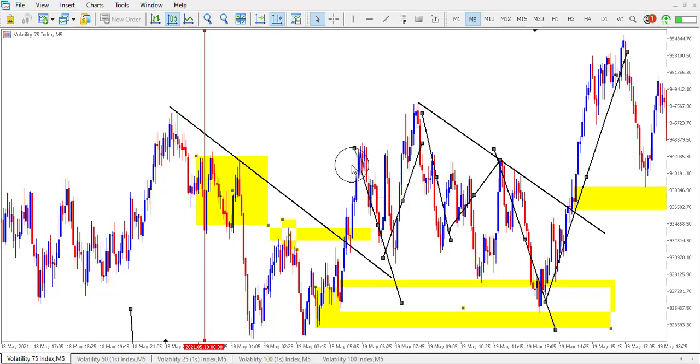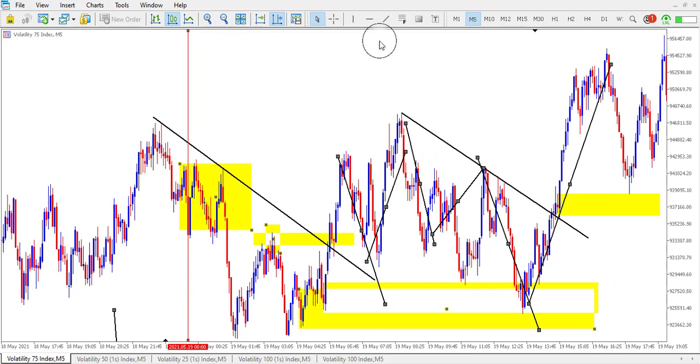So after that has been established, we want to see how price is getting back to that order block, how price is getting back to retest. What is happening for the retest? How is price moving? So we don't want to see price getting back with an aggressive move like this. So this is an aggressive move we want to see from the order block, but to the order block we want to see accumulation. We want to see price taking its time to get back to the order block.